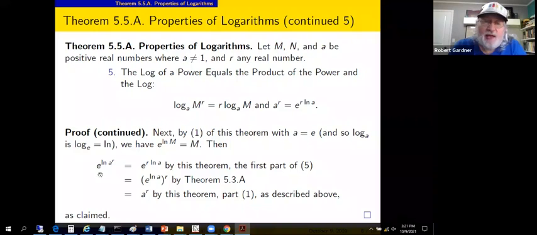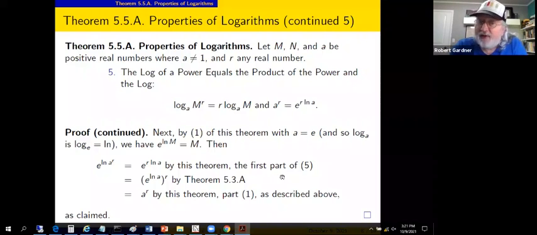So if we look at e to the natural log of a to the r, we just showed by part 5, this part here, applied to natural log functions, that exponent r on the a inside the log function comes out front as a coefficient of the log function. All we did was take the exponent and bring it out front as given here, but with a natural log, exponent lowercase r, and that happens within the exponential function.